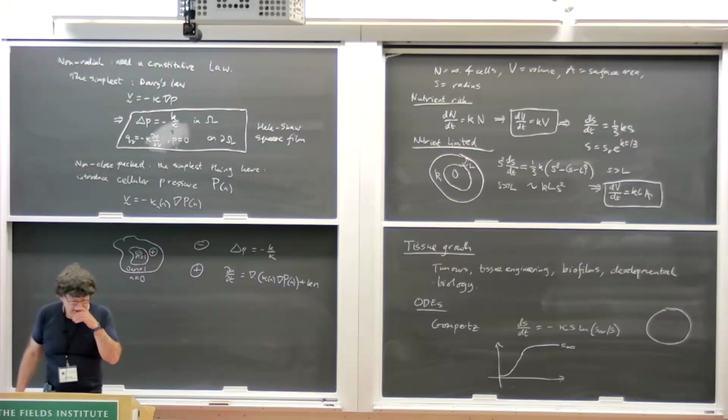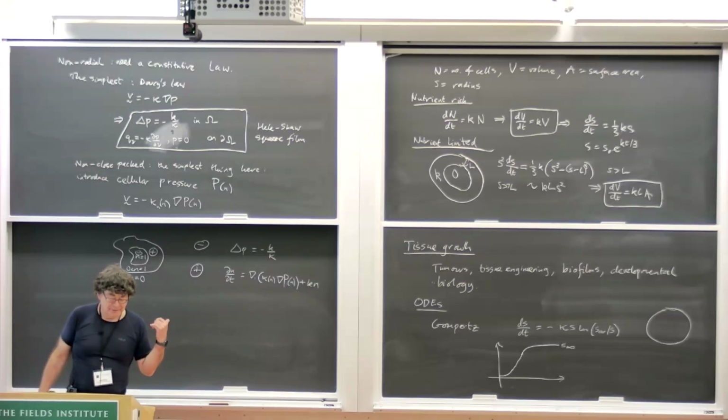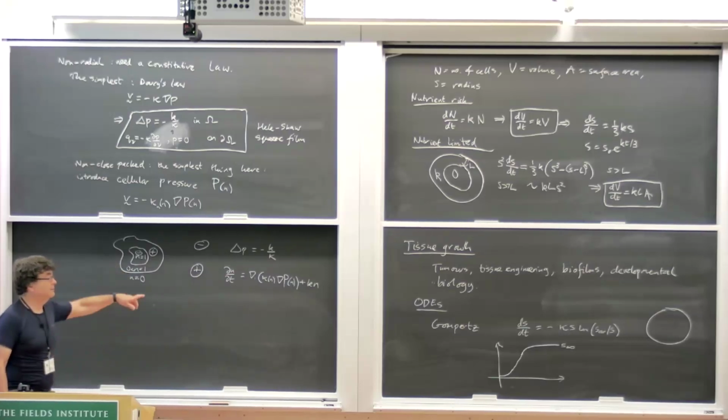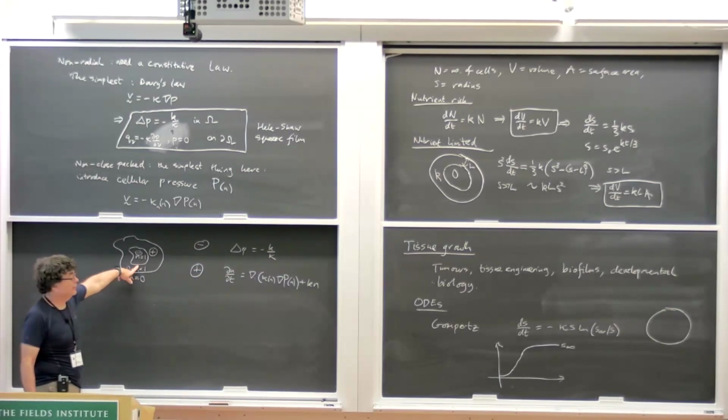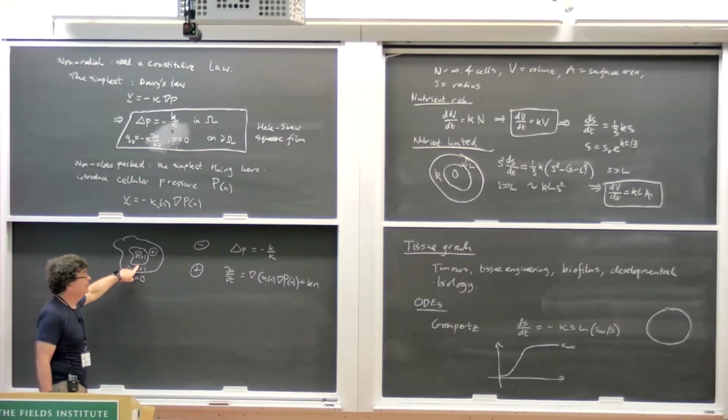So that's the first time I've explicitly written down a reaction diffusion equation, and they will rear their heads periodically throughout. So there are different governing equations in the two regions, and I'm going to need the appropriate continuity conditions between them.